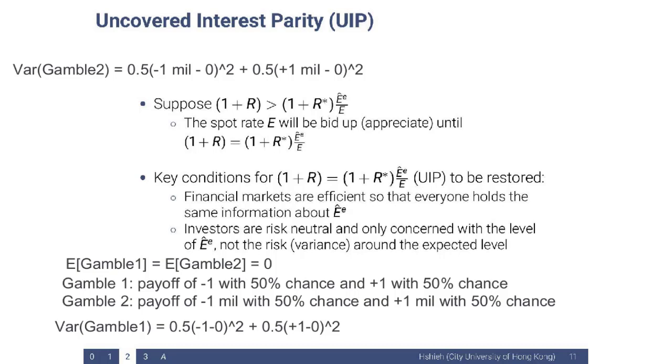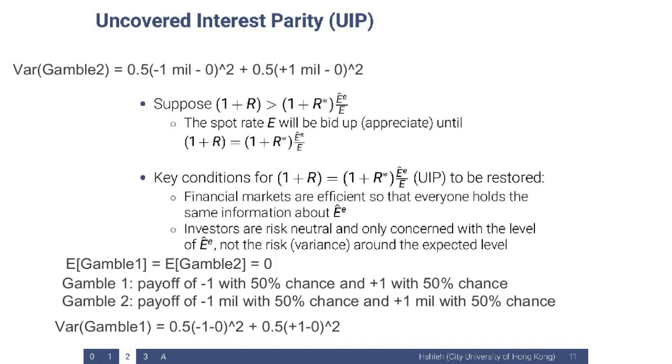Whereas the variance for gamble 2 is 0.5 times (-1 million minus 0) squared plus 0.5 times (+1 million minus 0) squared. That is some crazy large number, right? Minus 1 million squared is some big number. This is also some big positive number, so it's a gigantic number.